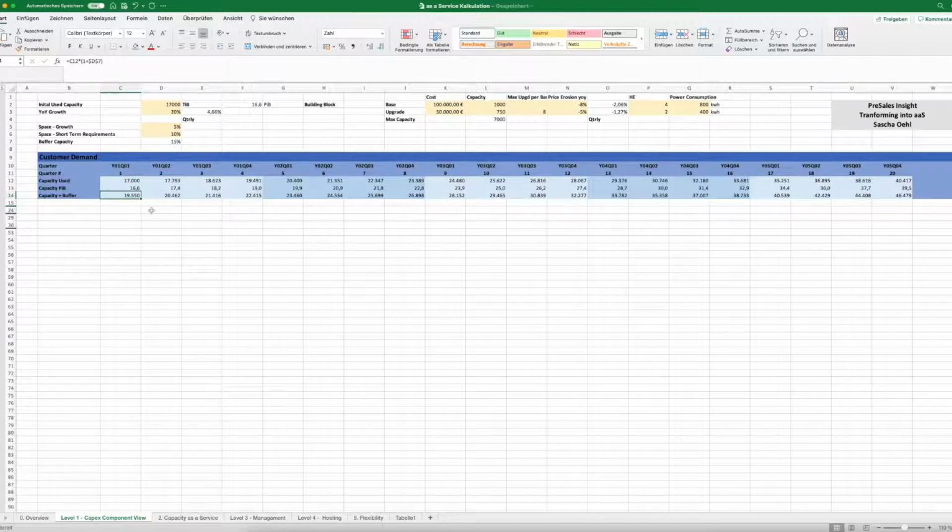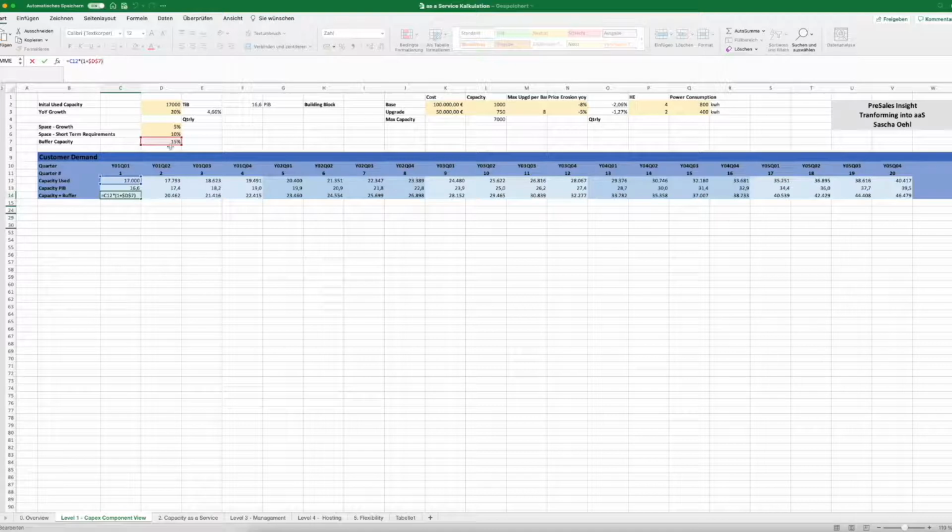In that case, we take the capacity we've calculated here in the blue cell, and we apply the buffer, which is in the red cell, part of our input data. This now gives us an overview of the space and the growth over the quarters.